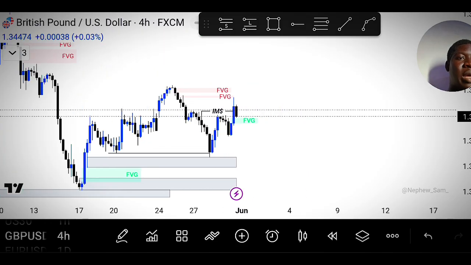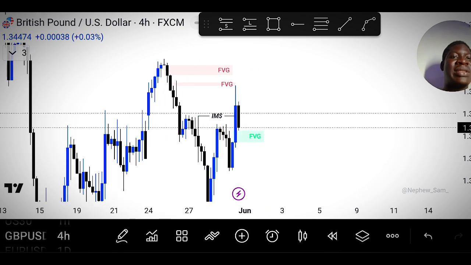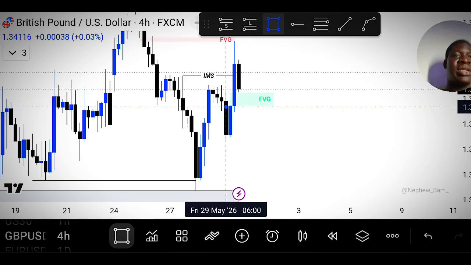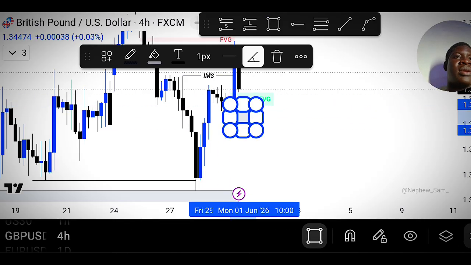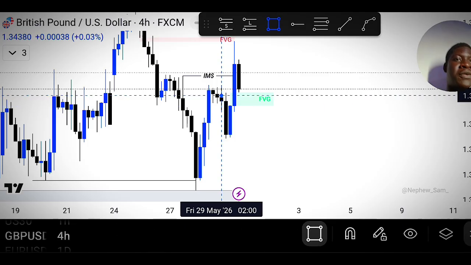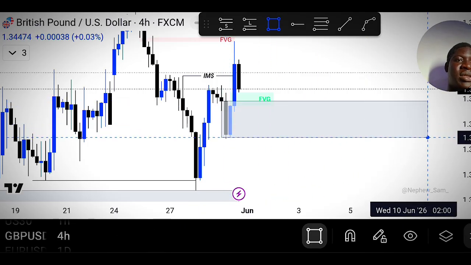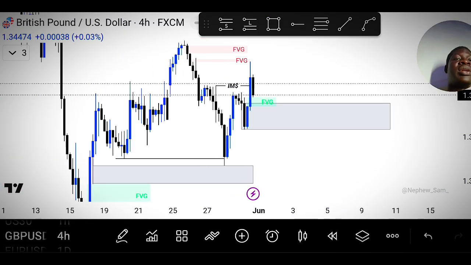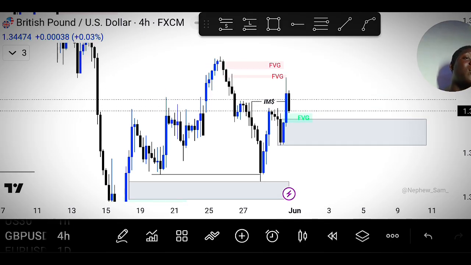So for me now, how am I going to jump on this trade? The next point of interest for this trade is this area. To take a trade from this area, I'm going to wait for confirmation.